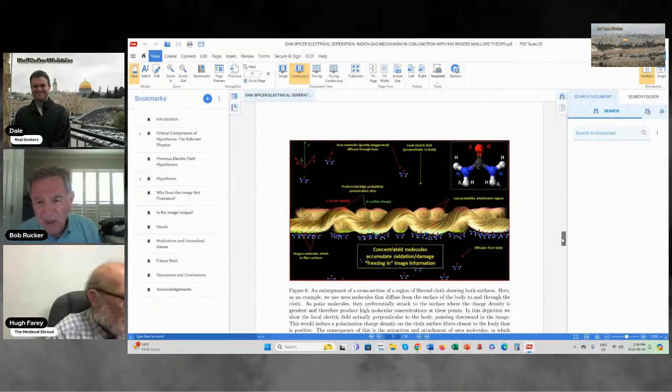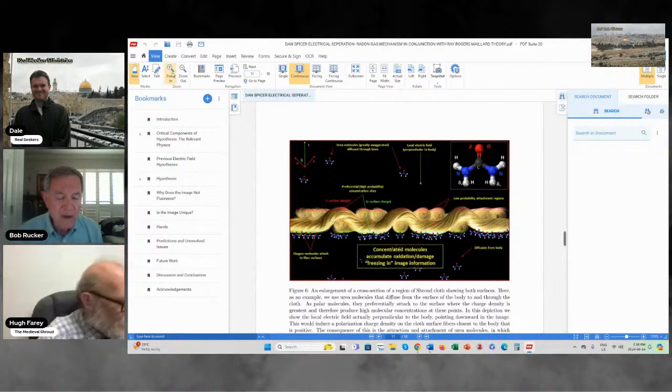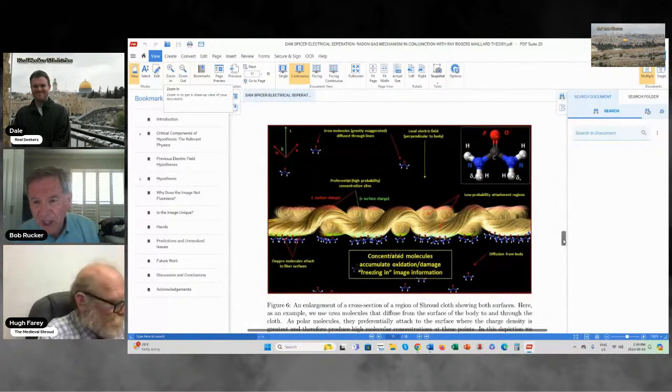And so he talks about a molecule being released by the body, which is then attracted, and you see the upper right diagram there. Again, it has a negative charge on the top part, and a positive charge on the lower part where you have the hydrogen atom. So that would also be a polar molecule. So he's trying to work with polar molecules and moving them in an electric field.